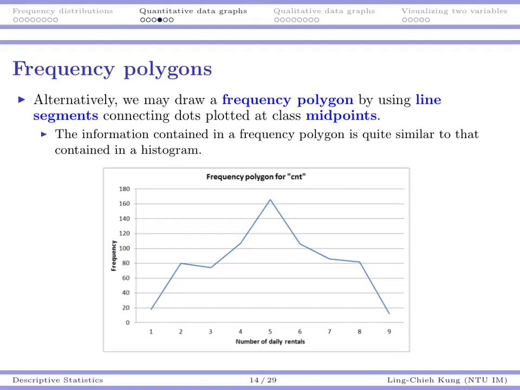It simply replaces those bars by a few line segments. Okay, and once a bar is longer, that particular point would be higher. Okay, so from this perspective, a frequency polygon is just the same as a histogram.